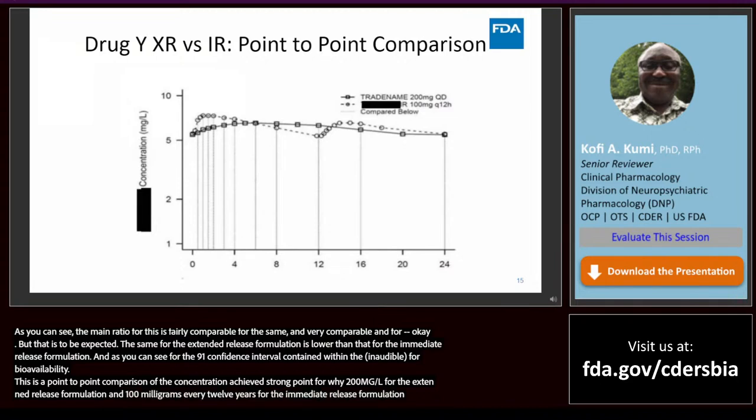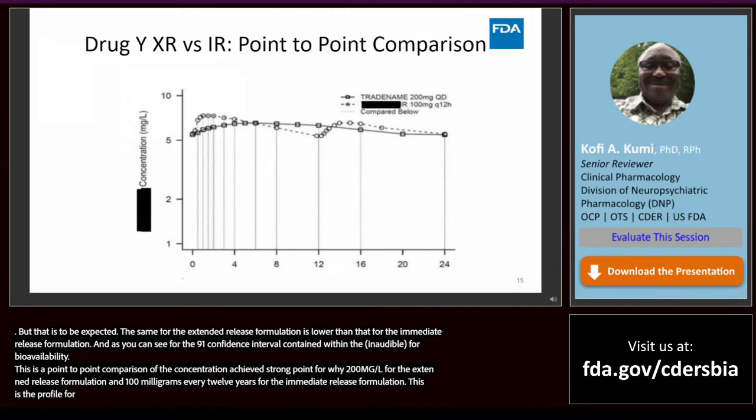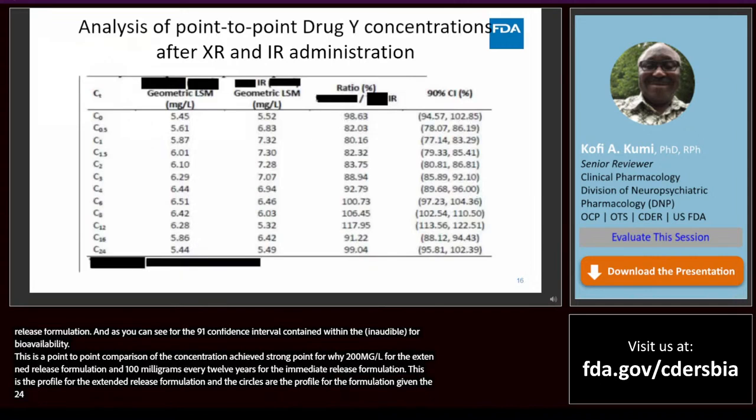The squares are the profile for the extended release formulation, and the circles are the profile for the immediate release formulation given every 12 hours.